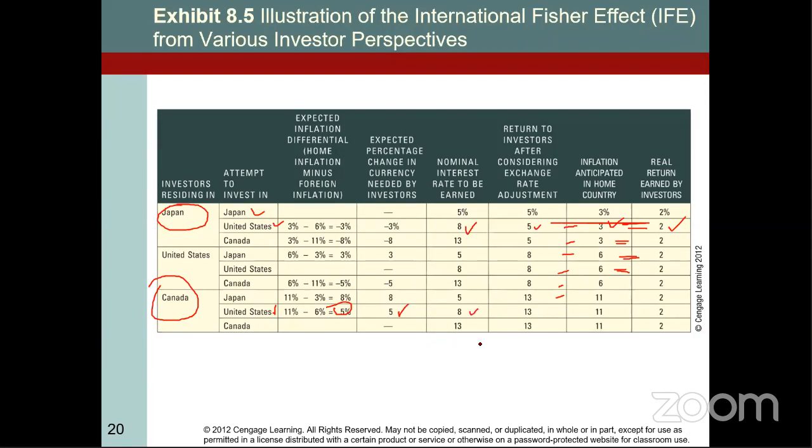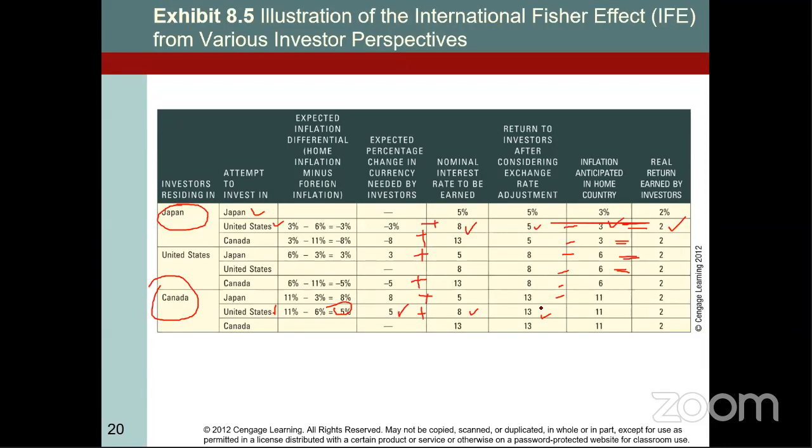Then what is the return investors need? It's 13%. Of course it's 13% because it's plus, plus, plus. You add it, and then you get 13% here.